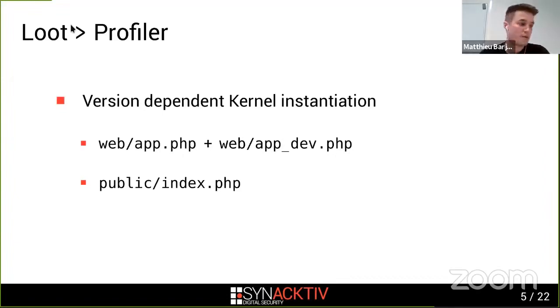However, in the latest Symfony versions, they merged those two files, and now there is only one kernel instantiated for each Symfony application, which is in the public/index.php file. So in this case, as there is only one kernel, your application can either be deployed in production or development mode.